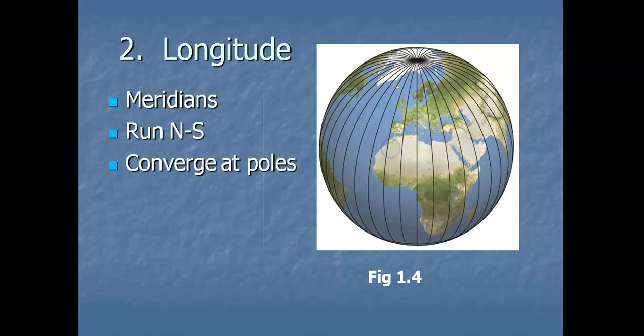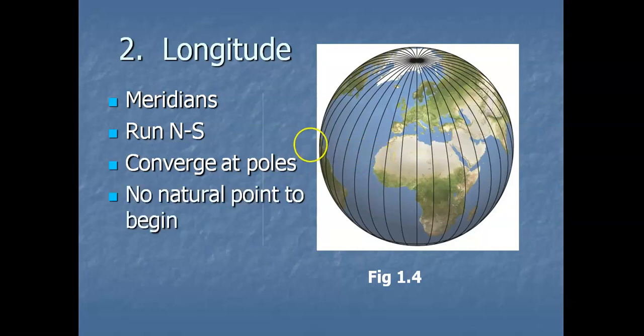But there's one big difference between latitude and longitude. Lines of latitude are perfectly parallel to one another, and you wind up with just a point at the North and the South Pole. Here, these lines are not parallel. They wind up converging at the poles. And then there's another problem too.